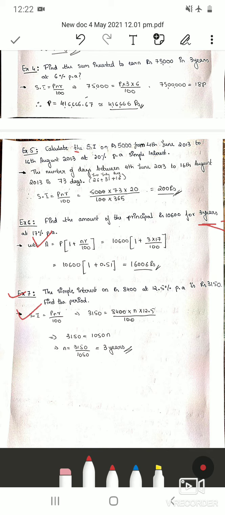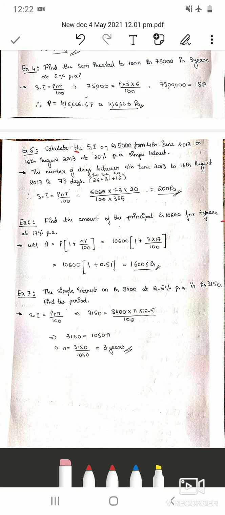So we will substitute and find n. So it is 3,150 is equal to 8,400 into n into 12.5 by 100. So solve. You will get n as 3 years. Usually n you have to denote in years, not months or days.